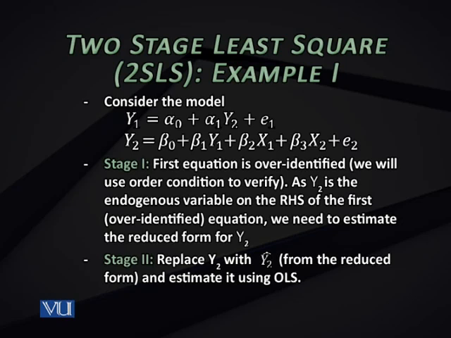Now look at the right hand side of the first equation. You have endogenous variable y2. It doesn't make a difference if you have exogenous variables or other endogenous variables. So suppose you have only one endogenous variable y2, and it doesn't matter whether you have exogenous variables or not. So now y2 is the variable you focus on. In stage 1, we'll write a reduced form equation for y2.